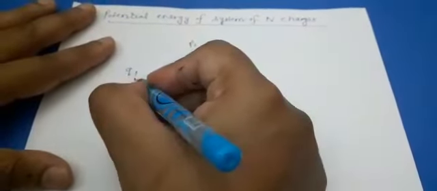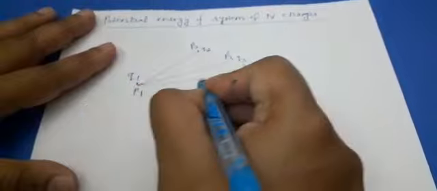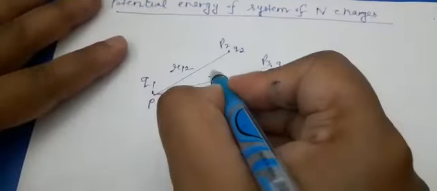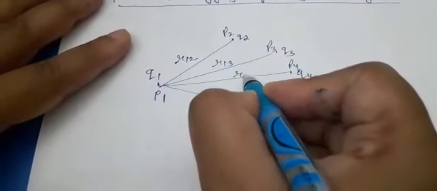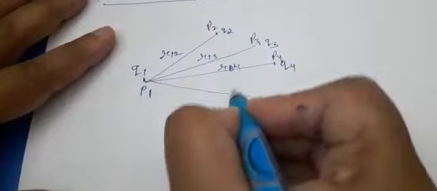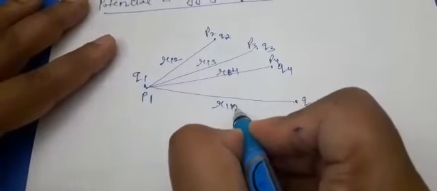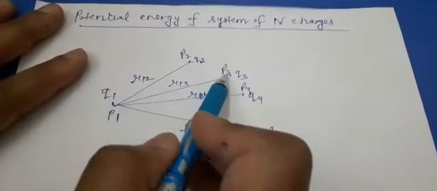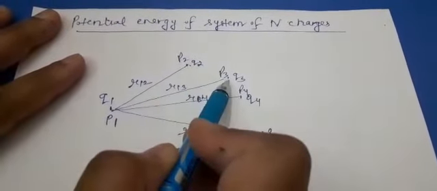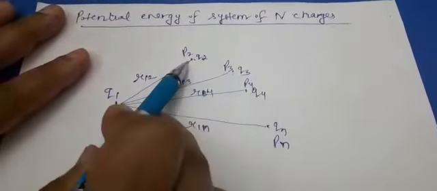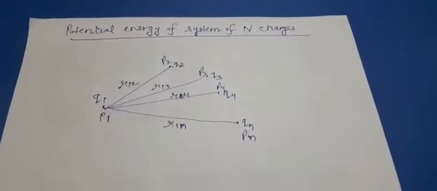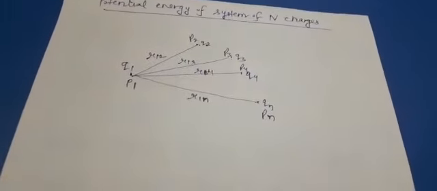This can be the generalization. So what will be the total work done? Let the distances between these be R12, R13, R14 and R1n. Second, the separation distances between Q2, Q3, Q2, Q4, Q2, Qn. It means all are influencing each other, so we have to consider all these points.